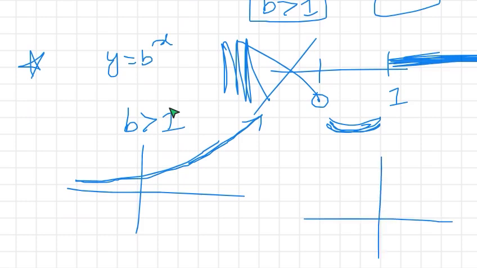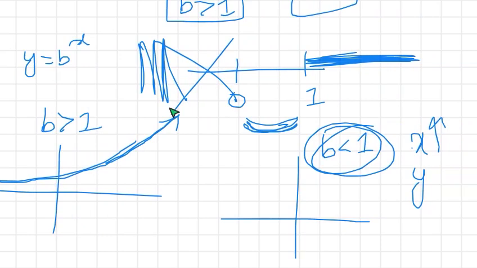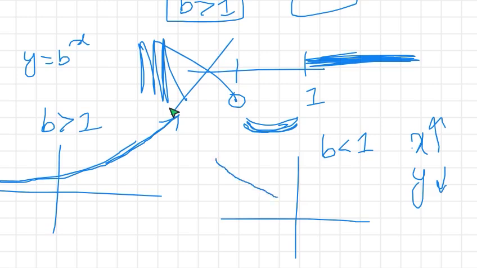Similarly, for b less than 1, as x increases, what happens to y? Y decreases. So the graph will be the same, except that it will be mirrored like this.